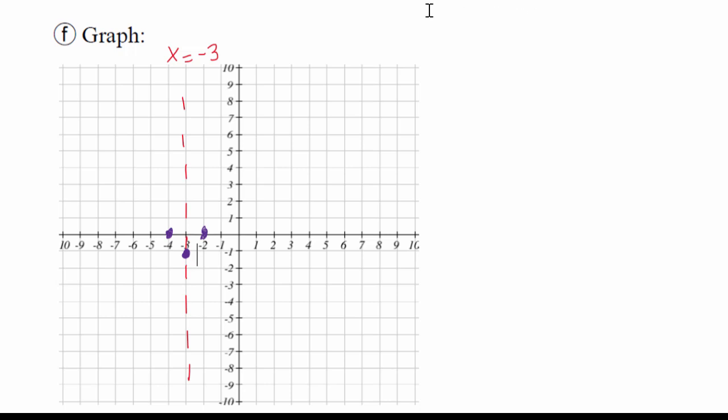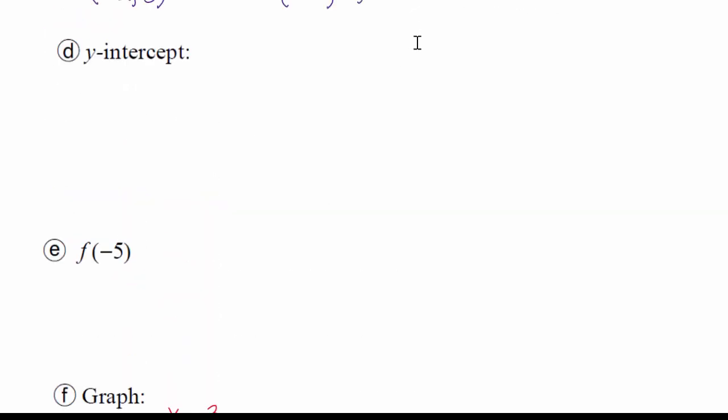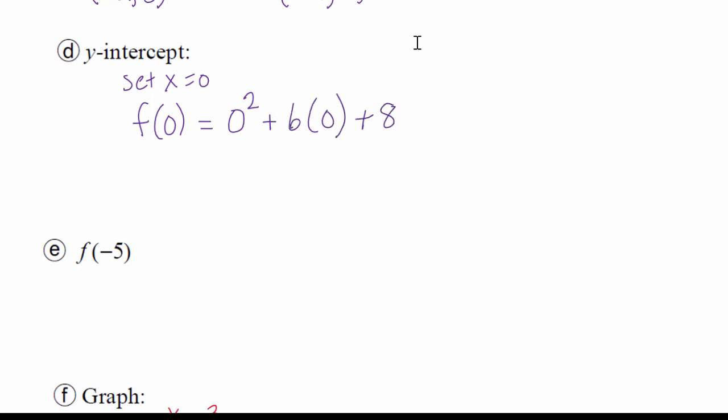Okay, let's go find the y-intercept next. So for the y-intercept, we're going to set x to 0 in the equation and solve for y. So we're really calculating f of 0, aren't we? And our equation was x squared plus 6 times x plus 8. And notice how I've replaced the x with zeros. And so that gives us 8, doesn't it?